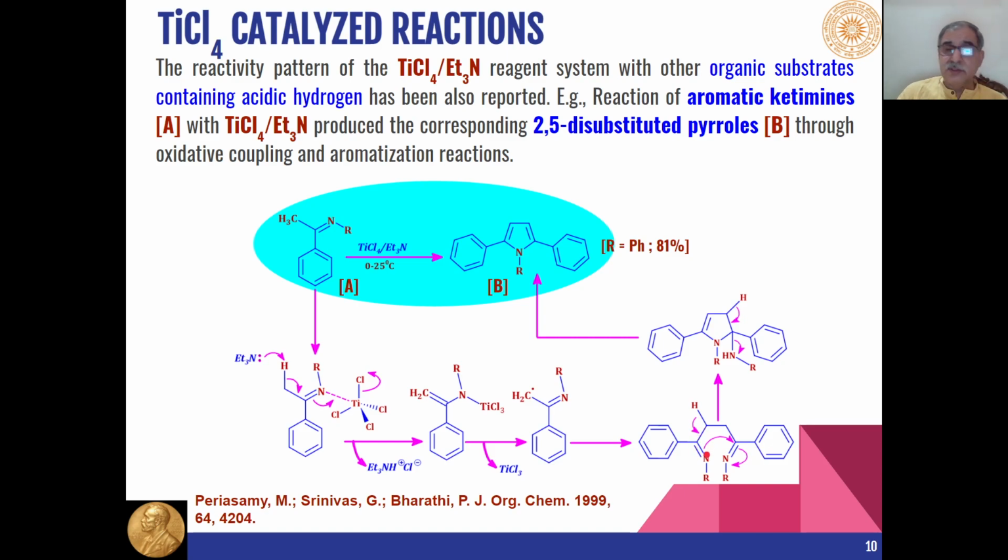This carbon nitrogen double bond will attack at this place with the movement of hydrogen from here to this nitrogen, and this type of intermediate will be formed. In the next step, one more hydrogen will be abstracted by the base from here, and cyclization will lead to the formation of the heterocyclic compound, that is 2,5 disubstituted pyrroles. They will be formed as the product with the elimination of these prime derivatives.